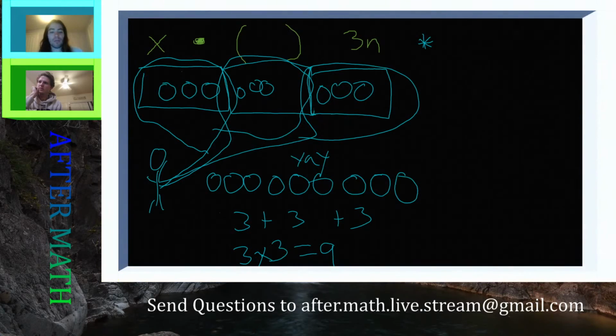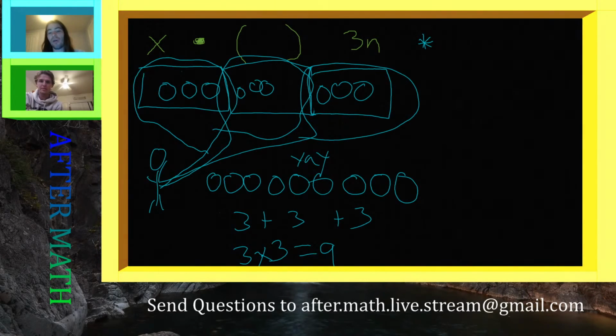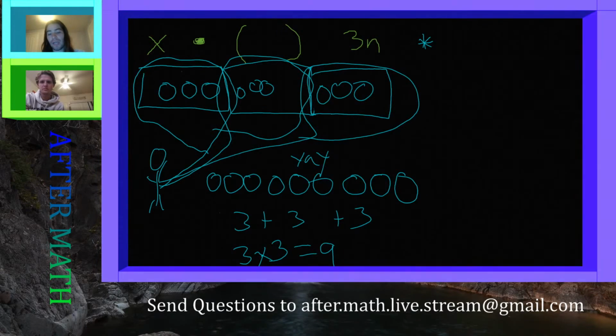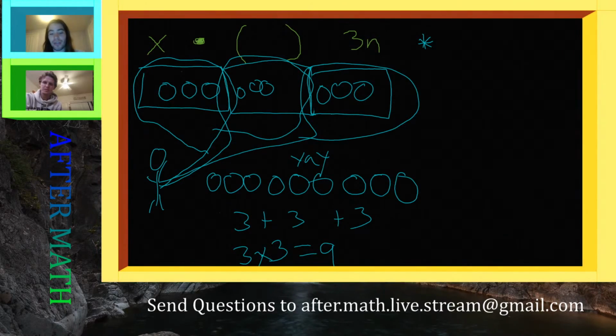So how multiplication works is you group some quantity, some object, into a group, and then you add all of those groups together, however many groups you have. So it's kind of like a shorthand way of writing addition over and over. Instead of having to write 3 plus 3 plus 3, you just write 3 times 3.